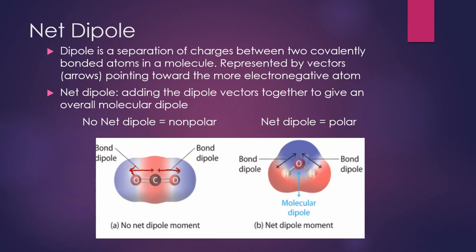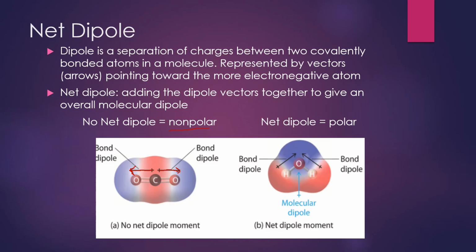So when the vectors cancel, we get no net dipole, 0. Okay? If we have no net dipole, that means the molecule itself is nonpolar. So even if that carbon-oxygen bond is polar, the molecule as a whole, since the arrows cancel, is nonpolar.